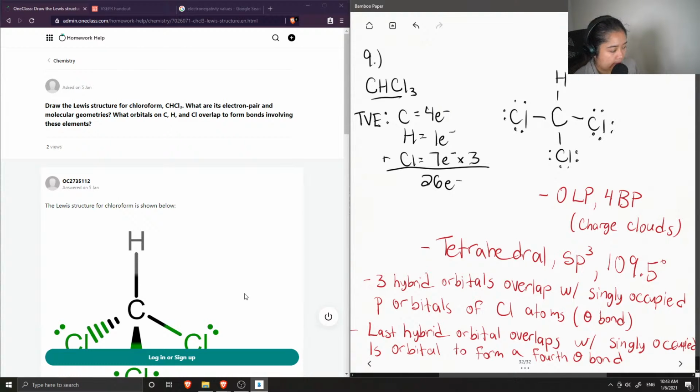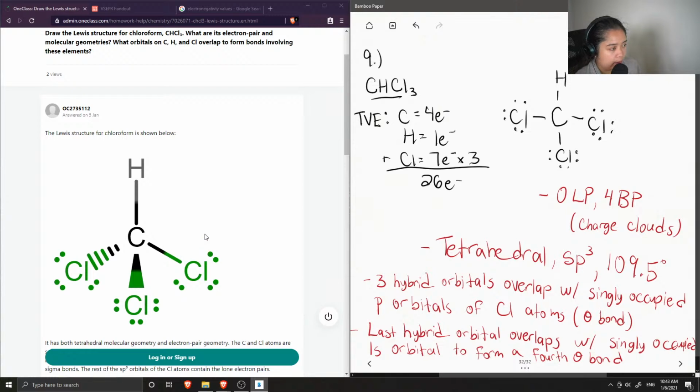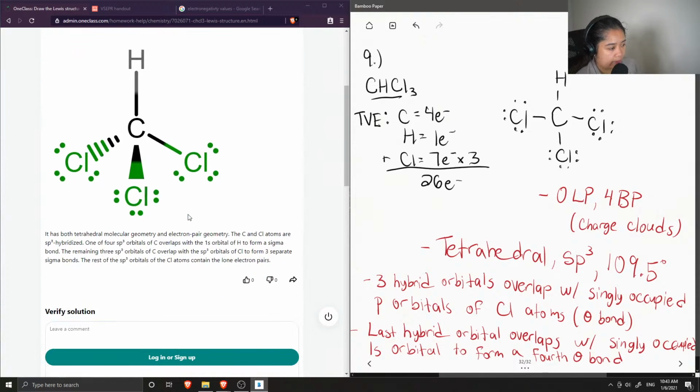Okay, so let's see what the junior tutor said. Lewis structure for chloroform is shown below, so yep, this is correct. It has both tetrahedral molecular geometry and electron pair geometry. Carbon and chlorine atoms are sp3 hybridized. One of 4 sp3 orbitals of carbon overlaps with the 1s orbital of hydrogen to form a sigma bond.